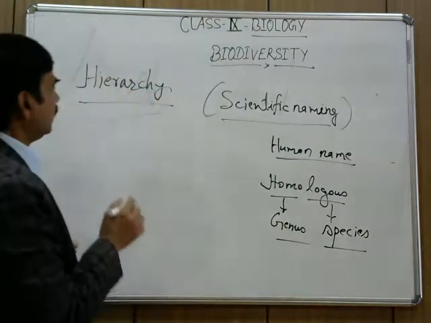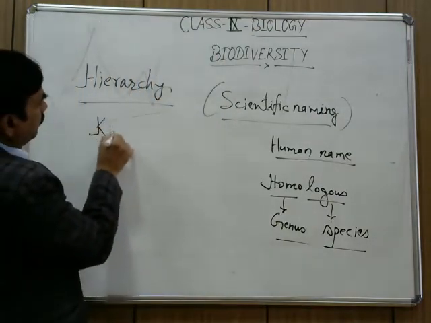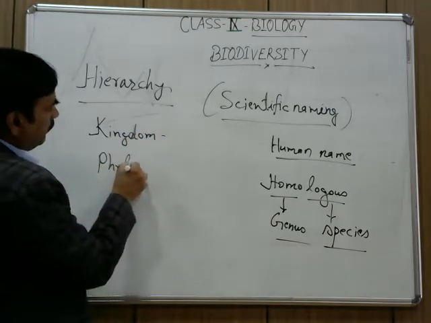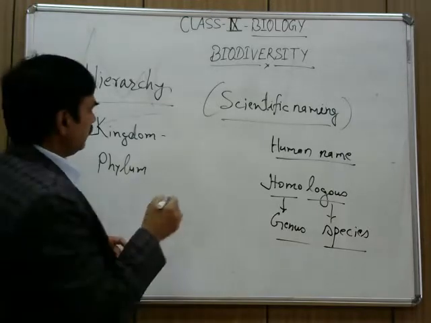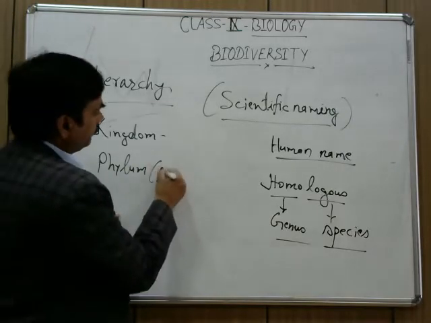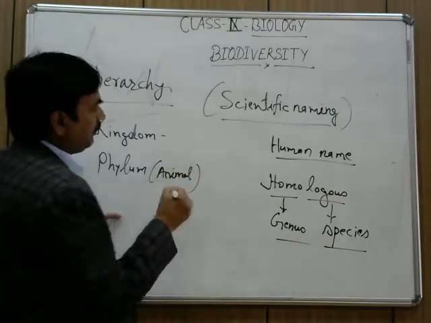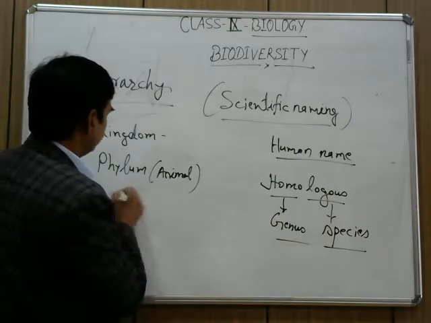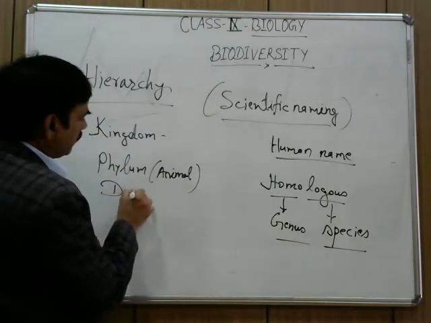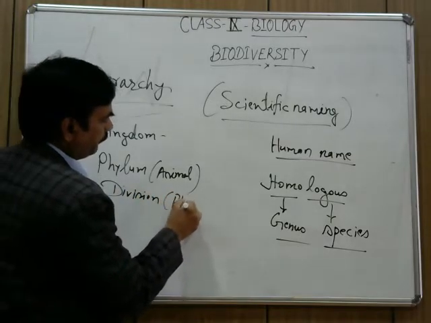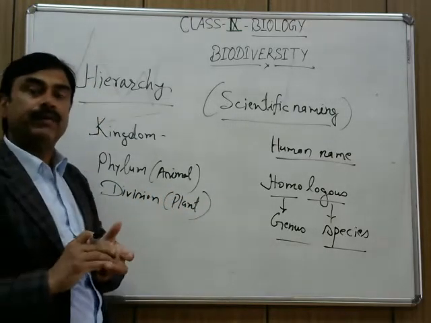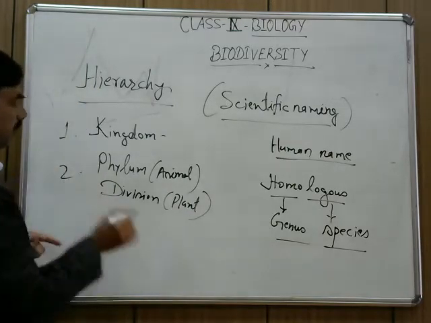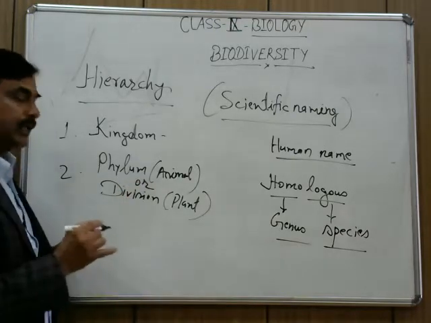So you will be noticing, first we will write kingdom, then phylum, phylum in the animal, and when we begin the division in plants, it is very important. When we start, we will notice that number one is kingdom, then phylum or division.